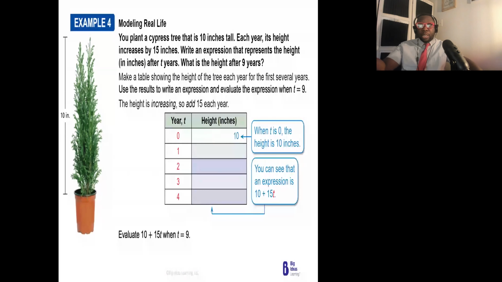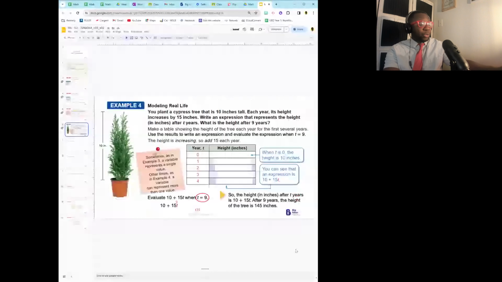In this case, the number of years is 9, so 15 times 9 would give us a total of 135, and then when we add another 10, it would be 145, not years, but inches, because it's 15 inches per year. So 135 inches plus 10 inches would give us a total of 145 inches. Great. Now let's get to our work for today.